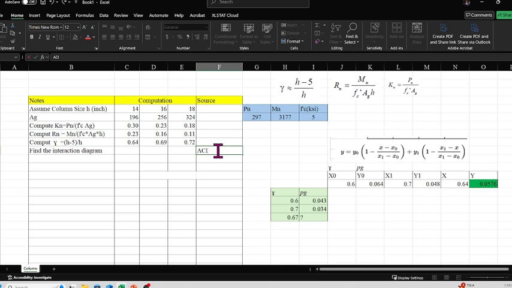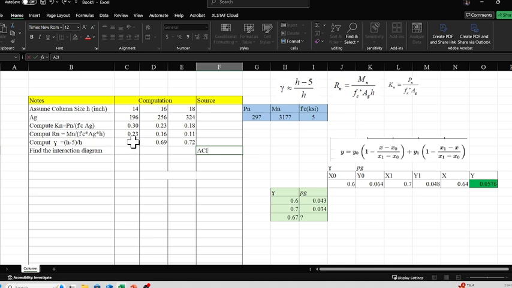If you go on the ACI website, you can download them for free. So let me go ahead and look for that. We already have gamma 0.64, gamma 0.69, and gamma 0.7. So we're going to use gamma 0.6, gamma 0.7, gamma 0.8, because our numbers fall between those numbers.